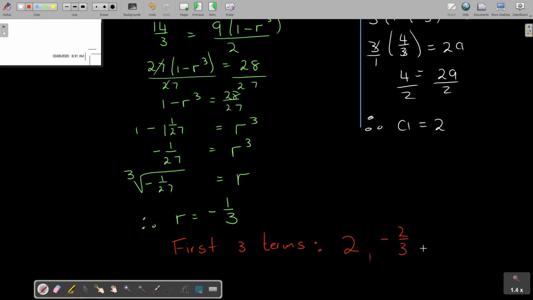Then negative 2 over 3 multiplied by negative a third is positive 2 over 9. You don't have to write the positive, and that's how we do it.